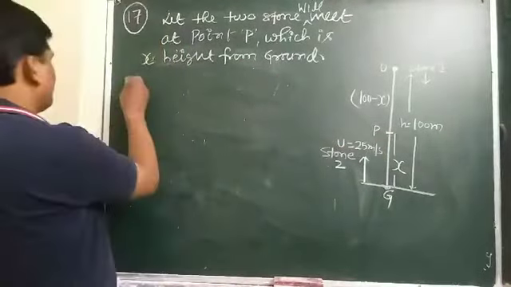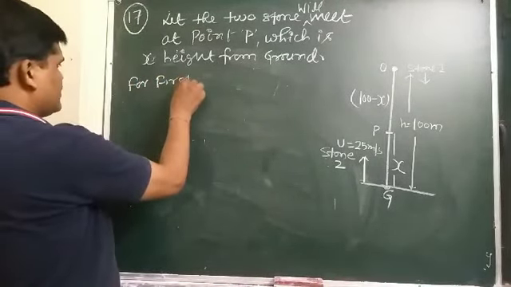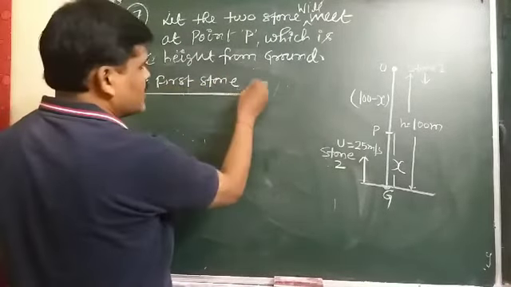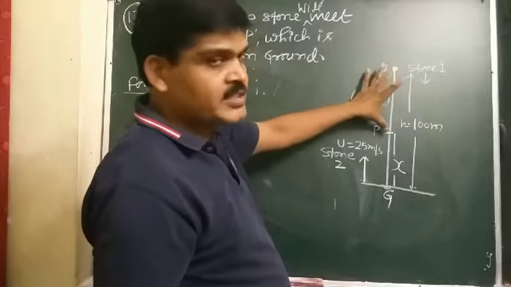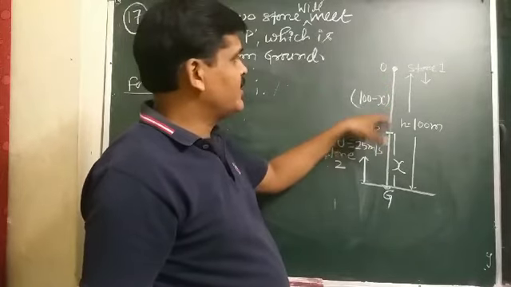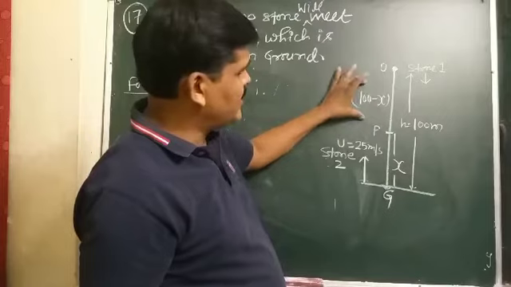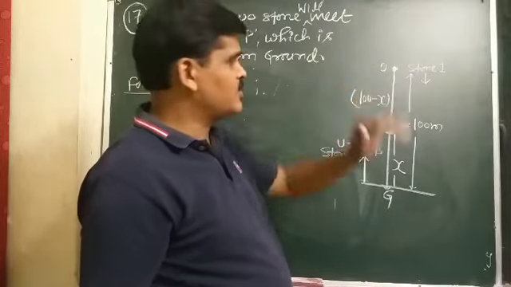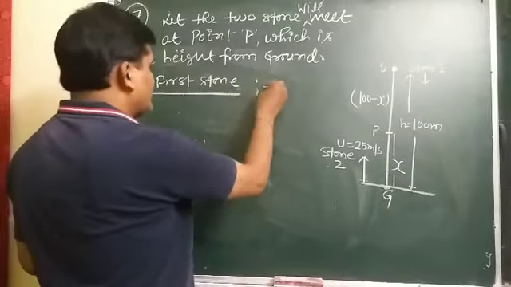For the first stone, the distance traveled to reach point P, from O to P, is 100 minus x. When it was dropped, the initial velocity of the first stone is 0, and g we have taken as 9.8.